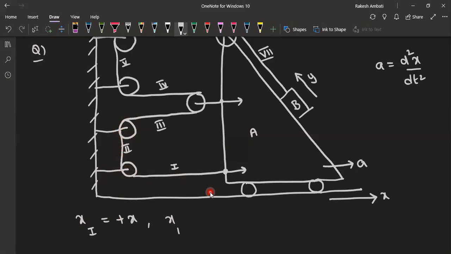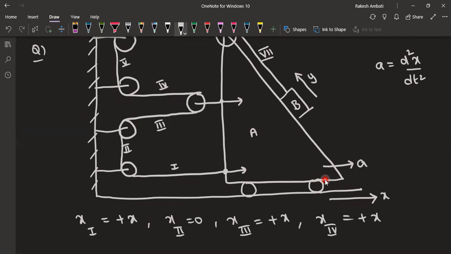No change in the second segment, so that is equal to 0. Because of wedge motion, the third segment length increases by plus x, and the fourth segment length also increases by plus x.